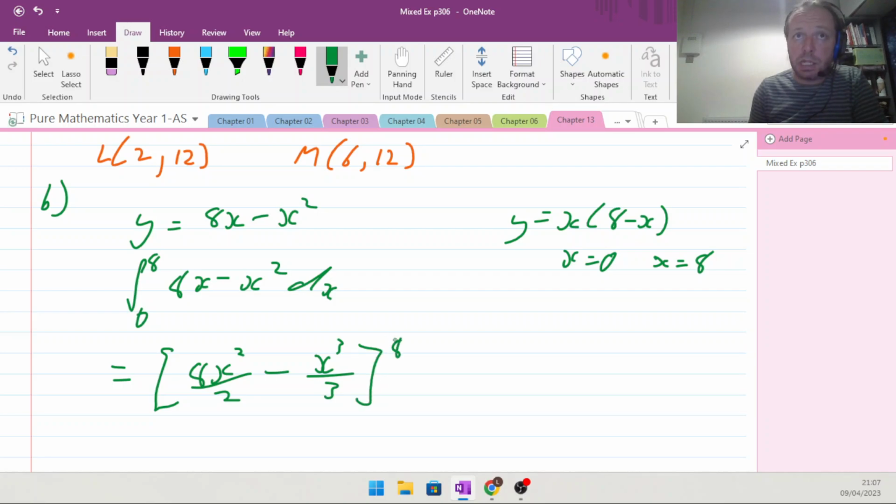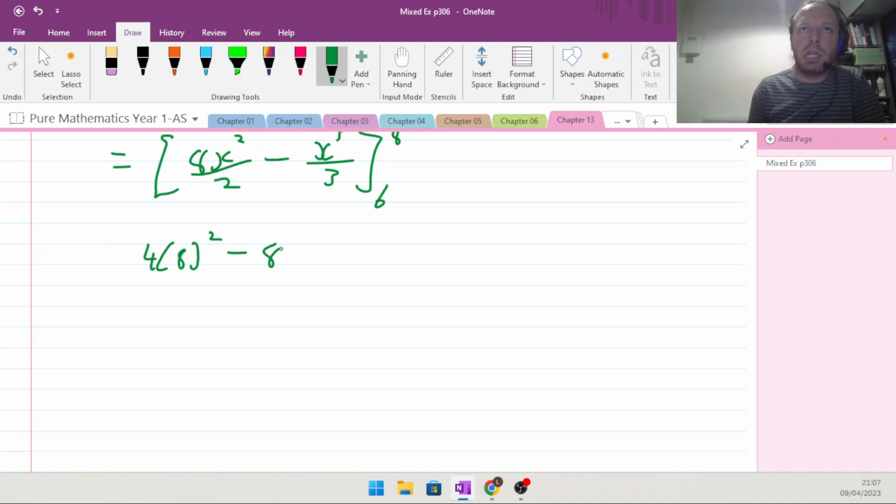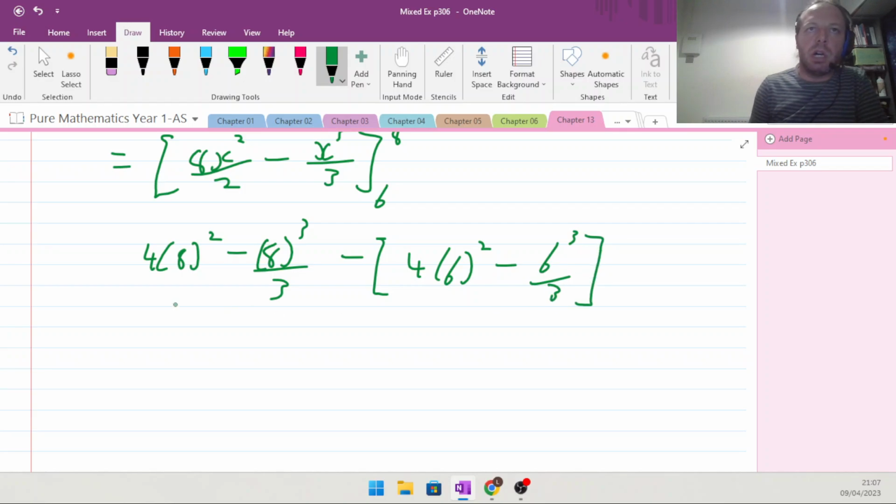That's meant to be a 6, not a 0. 8 divided by 2 is 4, so we've got 4 times 8 squared minus 8 cubed divided by 3, take away all of that, 4 times 6 squared minus 6 cubed divided by 3. Calculate for that one.